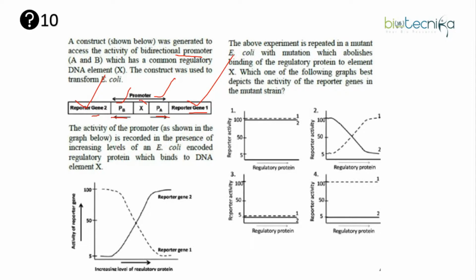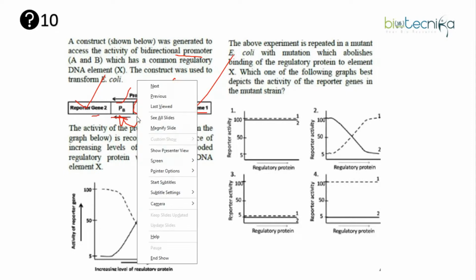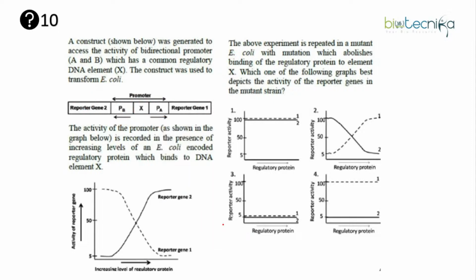So this is the regulatory protein which regulates both these promoters, and it binds to DNA element X. This is an element where the E. coli regulatory protein comes and binds, and it has some impact on the two promoters. That is the meaning. So this is what you get to observe.